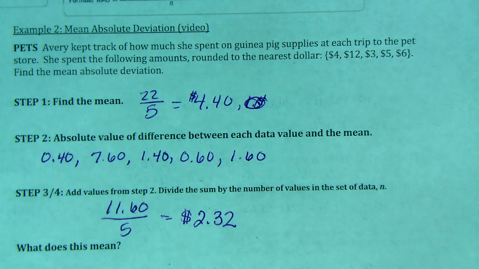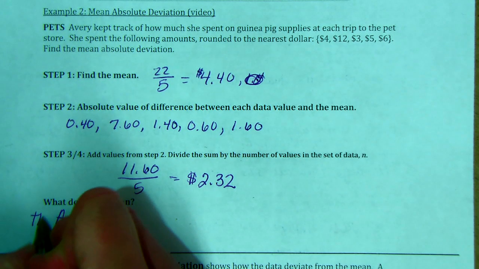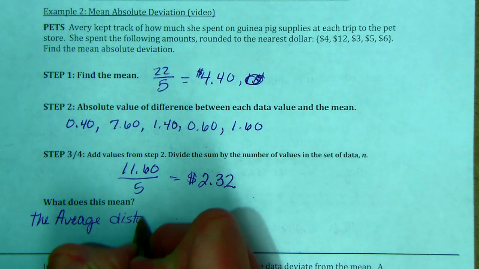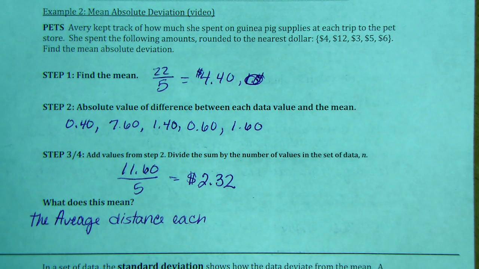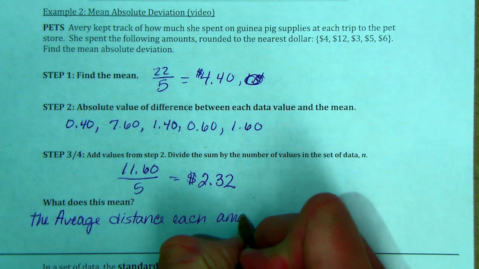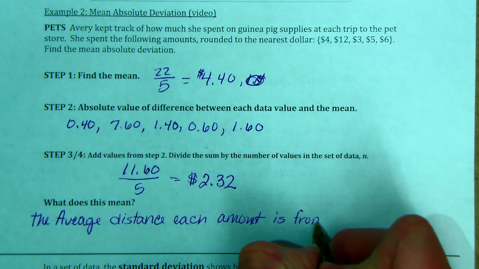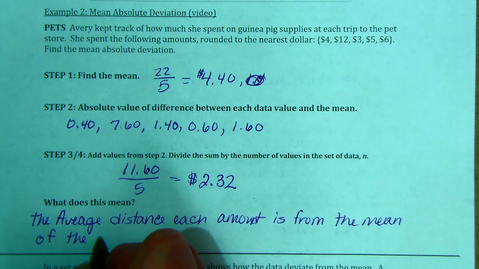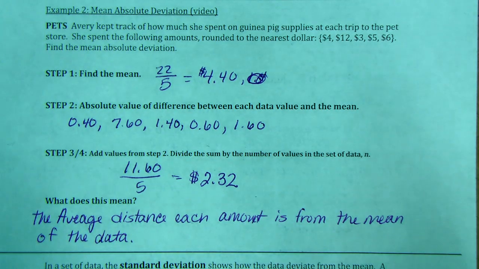It tells you that on average, the distance that each amount is from the mean of the data is $2.32.